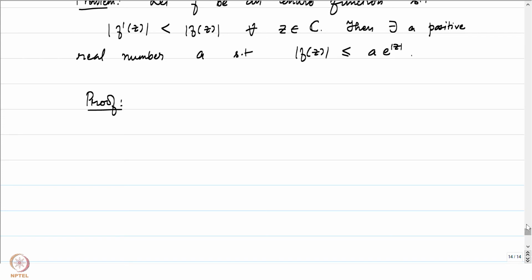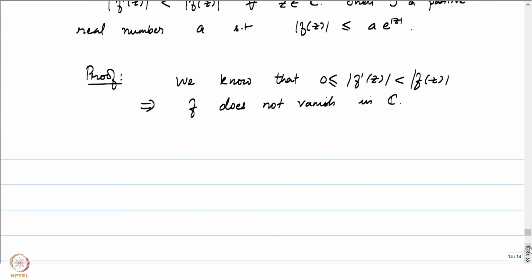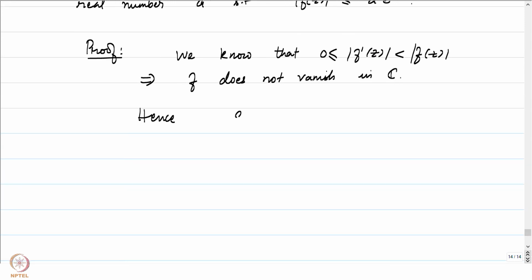What do we have in the hypothesis? We know that mod of f prime of z is strictly less than mod of f of z, but the absolute value is a non-negative number, and that tells us that mod of f of z is always strictly greater than 0 for all z in C. This implies that f does not vanish in C, and hence g of z equal to f prime of z by f of z is an entire function.